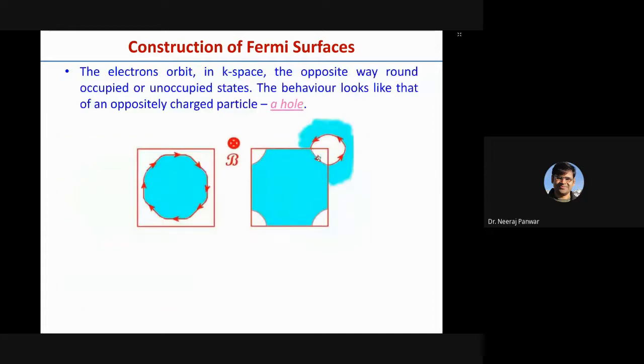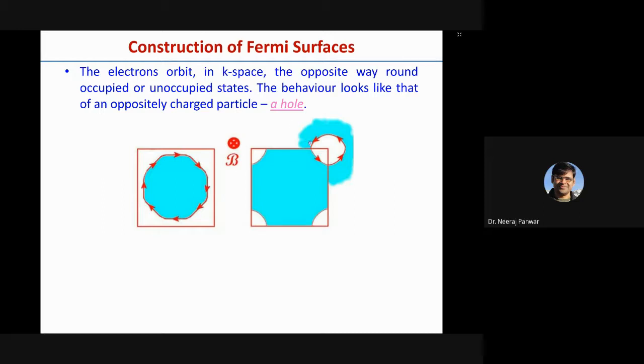Here the electron is going like this, and it is moving anti-clockwise. So the two motions are different. Here the particle is behaving with negative charge, and here the particle is behaving as if it were having a positive charge.